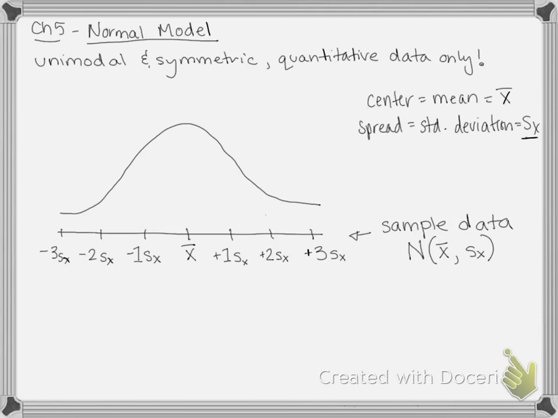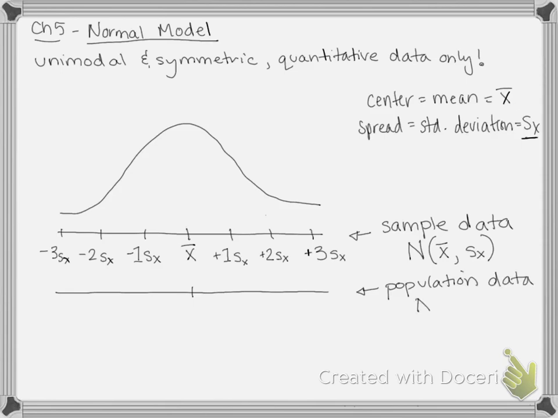Sample data simply means that I collected it myself or somebody else did, and it wasn't provided for me from a large group. If it was provided from a large group, then I would have other notation, which is going to throw some of us off. That large group would be your population data.